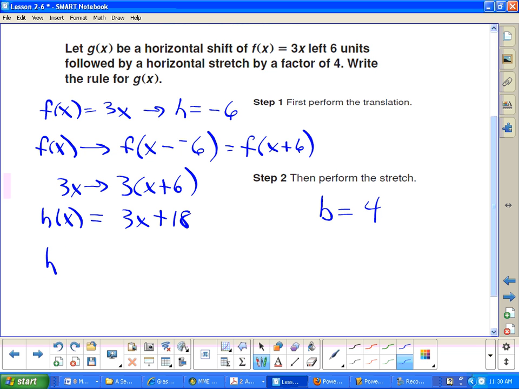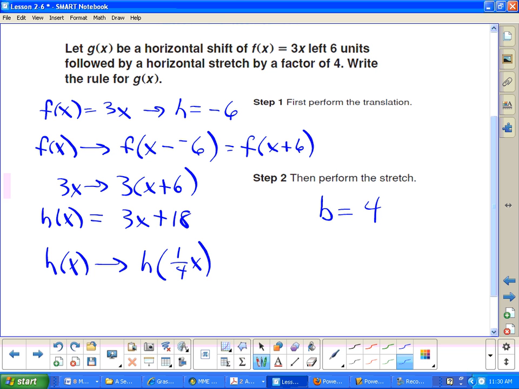So we're going to take h of x and transform it by doing a horizontal stretch of 4. Since b is 4, it's the reciprocal, so it's going to be h of 1/4 x.